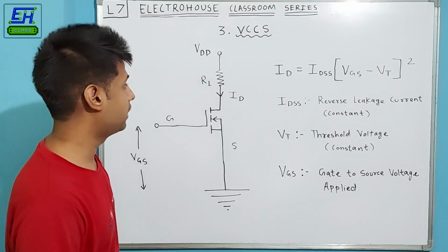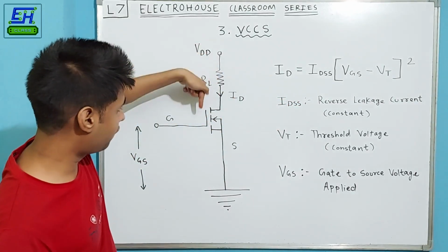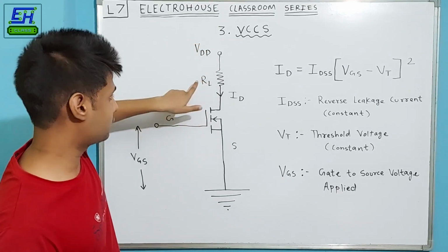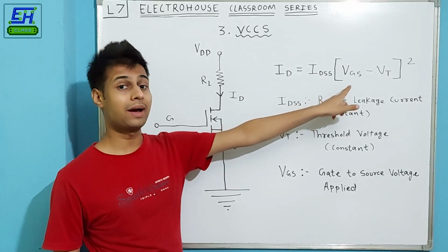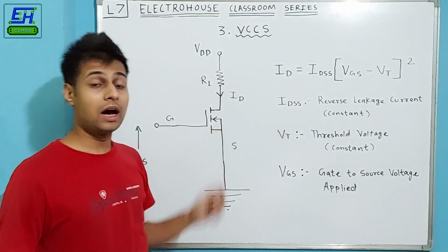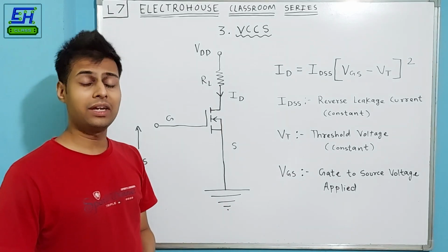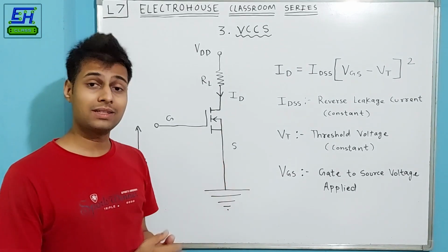And now let's see the equation of the MOSFET current. Now here ID is nothing but the drain current flowing through the MOSFET as well as this load resistance RL, and it is equal to IDSS into VGS minus VT whole squared. Now here IDSS is nothing but a reverse leakage current. Same as in the case of BJTs, here we also have a reverse leakage current.